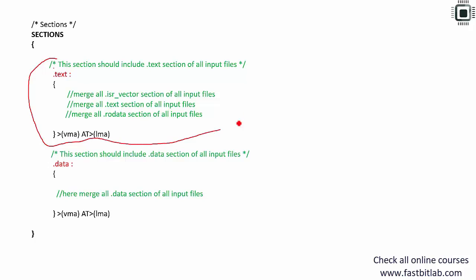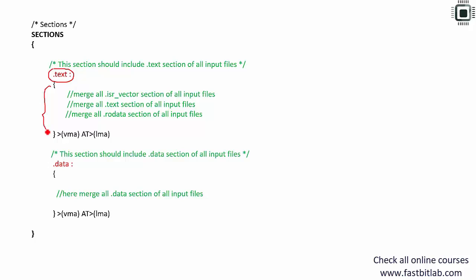Let's take this example. This is one of the output sections which we want to create. Here, this is a label of the output section. This label can be anything. It depends on you. You can give any name you want, but you have to follow some standard naming convention. This is the output section name.